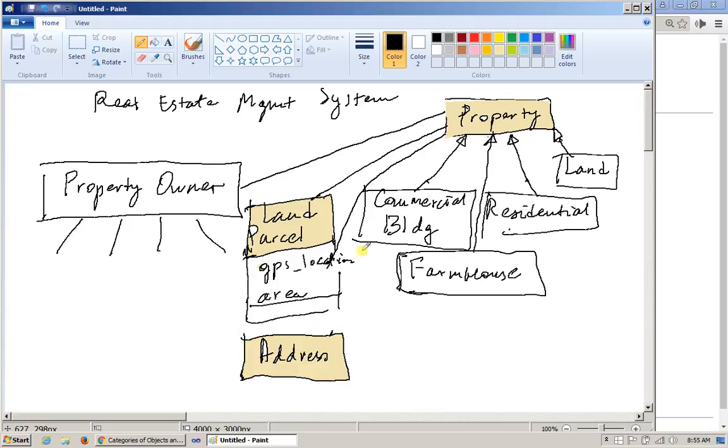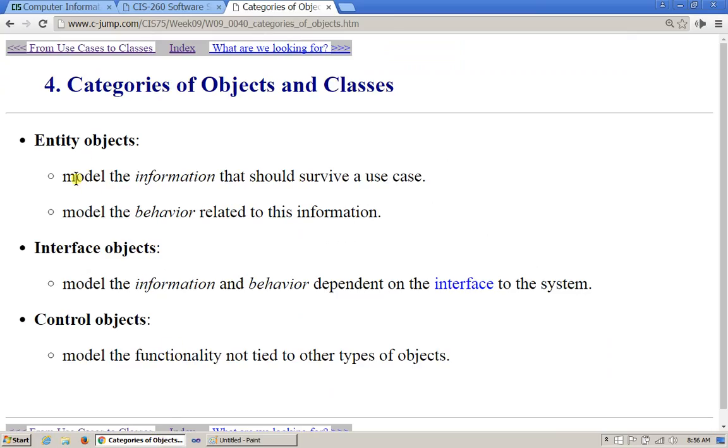These two objects are connected with the property in association with the property, but in my mind, these two are good examples of entity objects which will persist somewhere in the database, very likely. So these would be the examples of the entity objects, and therefore there will be classes describing them, right?